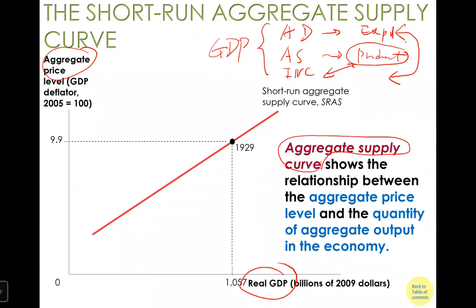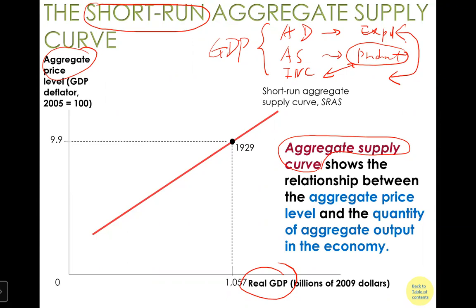Okay. Now, in terms of aggregate supply, we need to differentiate between the short run and the long run, which is the title of the slide. Let's start with the short run. Short run here is like a couple of months, usually less than a year.